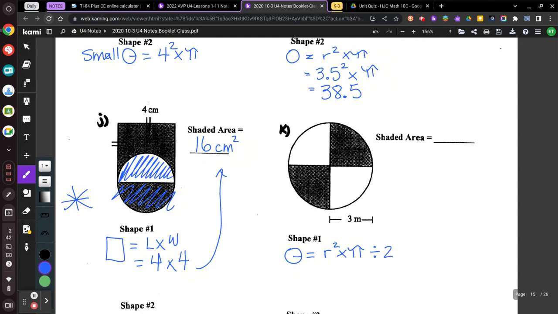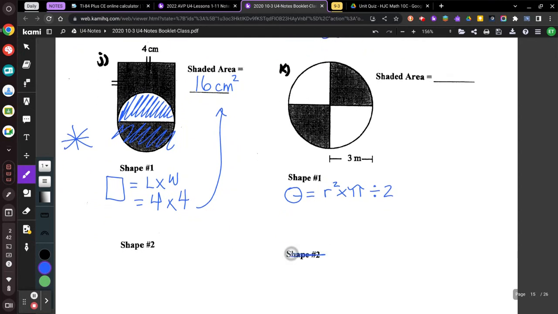And then we don't need a second object. So we won't need shape 2 down here or there. So my r is 3, so 3 squared times pi divide 2. We should get 14.1. 14.1 meters squared.